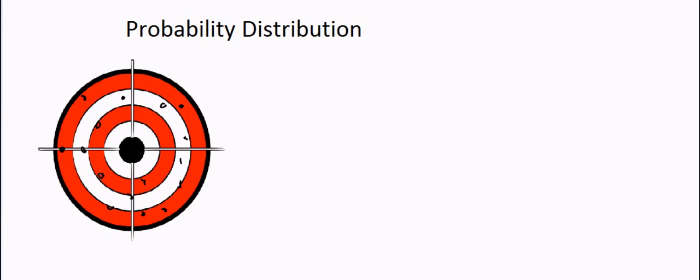But if we just talk about your throws, then it will be everywhere. And this is what we call random distribution. So if I try to draw a line, suppose, and I try to see how many targets were there.